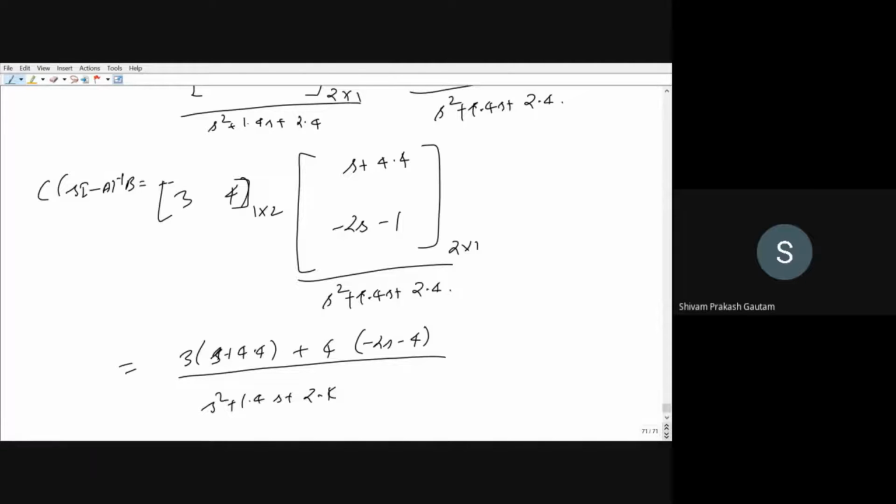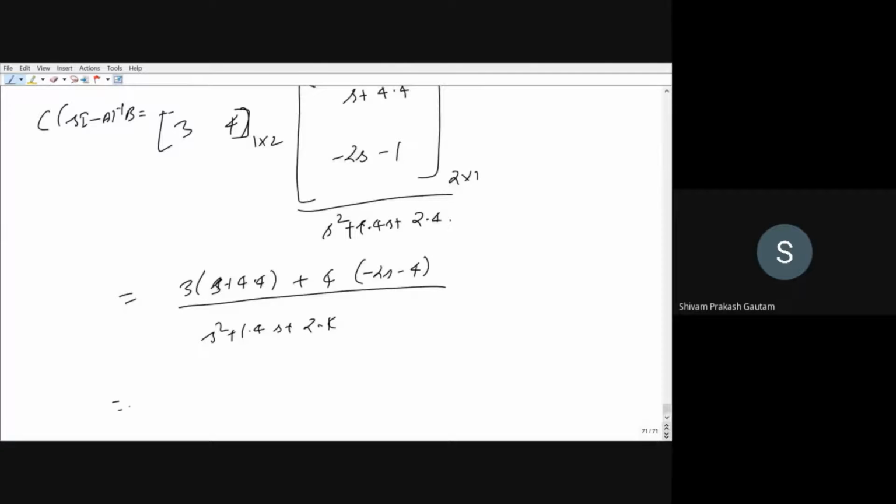So that will be equal to 3s plus, what is 4.4 into 3? This will be equal to 13.2. Plus, sorry, minus 8s minus 16.